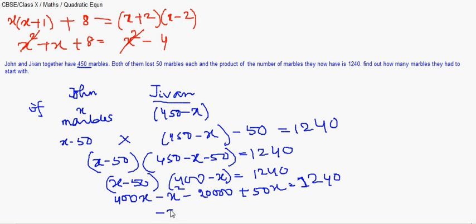So it is minus x square plus 450x minus 20,000, and again if I carry this 1240 it will also be a minus, so I'm getting 20,000 plus 1240, so it is 21,240 equals 0.